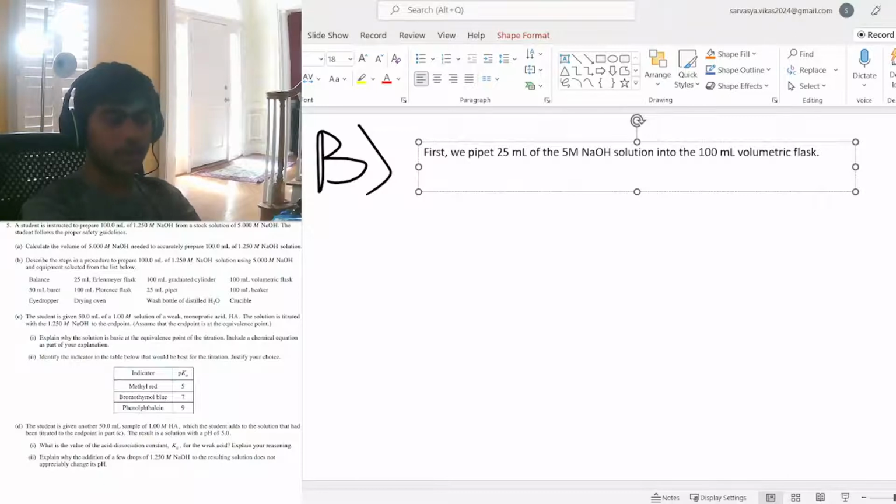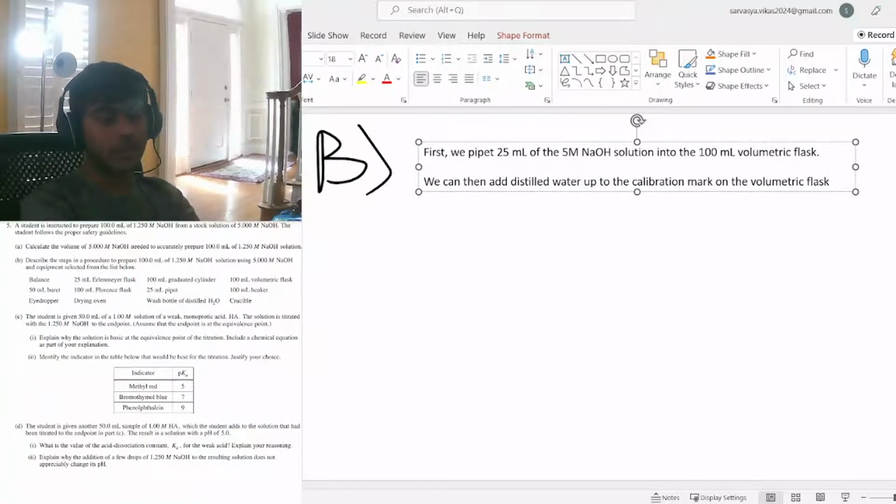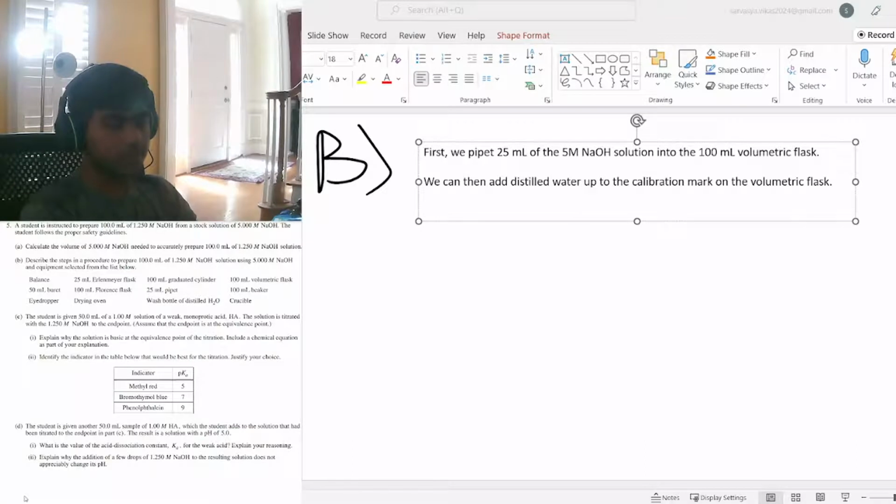And that way we can then add distilled water up to the calibration mark on the volumetric flask, right? And that would give us 100 milliliters total, or 75 milliliters of the water. And that's the second thing we do.